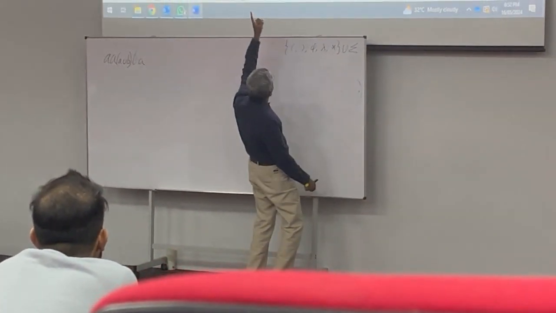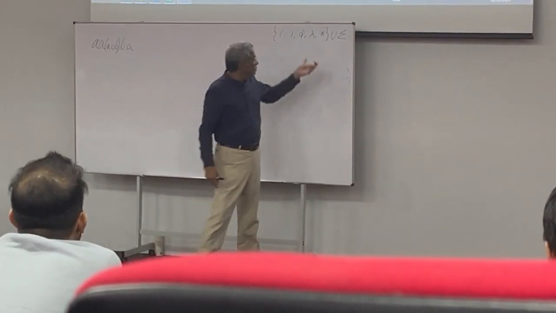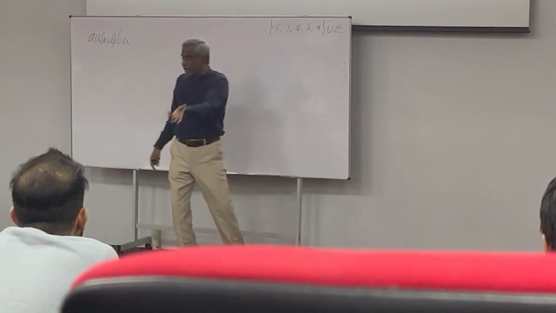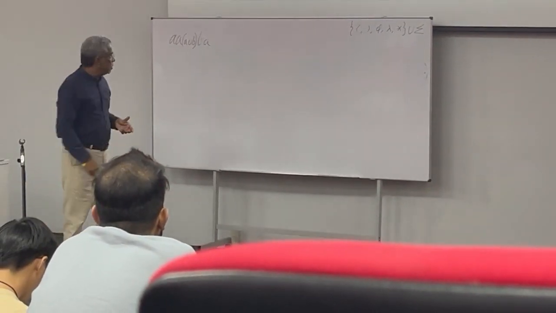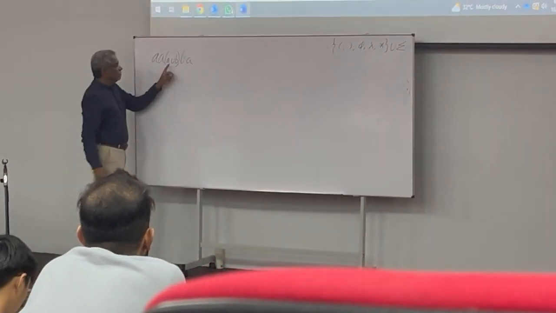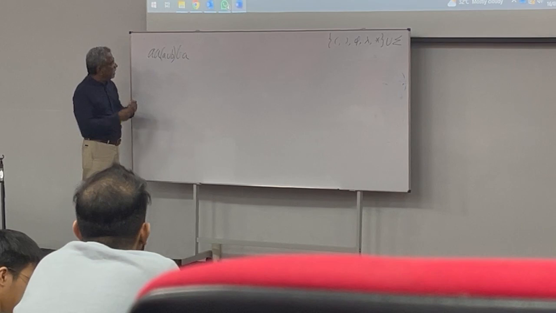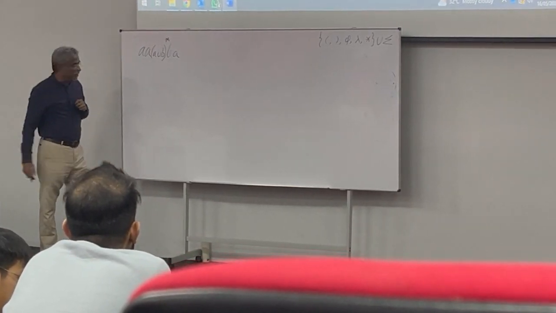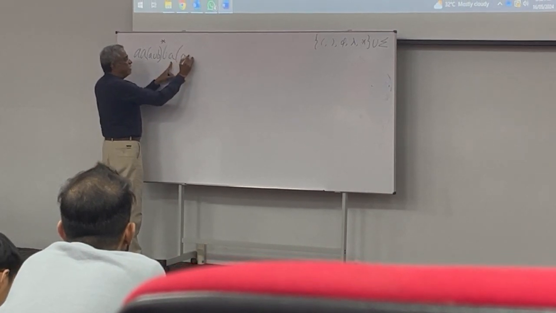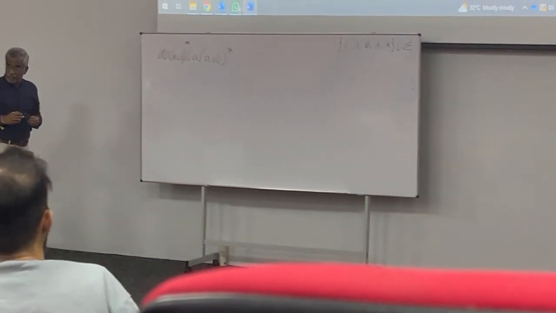In this language the alphabet set is A or B, so I can combine A or B with any of these symbols to write my regular expression. That's why I'm using brackets and the union operator here. In between AA and BA, I can have any combination of A or B. After this BA also, I can have any combination of A or B. So I've given the regular expression.